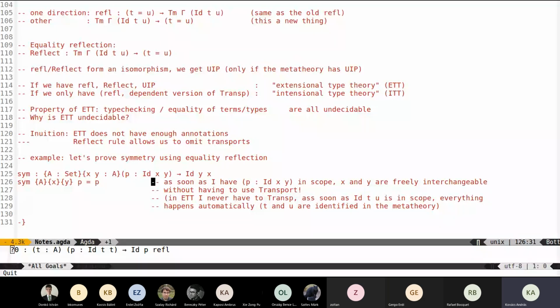If you have transport and UIP, then we can prove everything which can be proved by equality reflection. Okay, we also need function extensionality, but basically equality reflection does not give us any extra proving power. If you assume UIP and funext, then equality reflection is conservative, so it doesn't give us proving power.